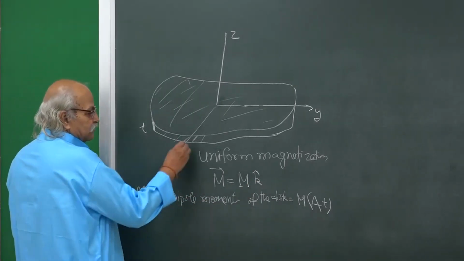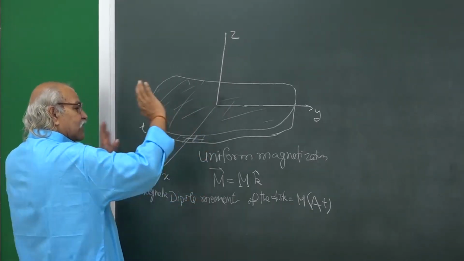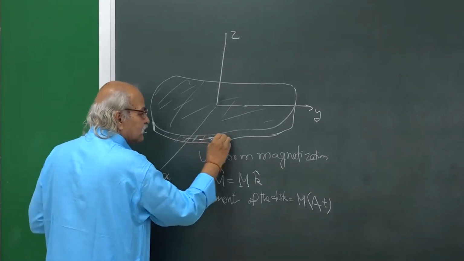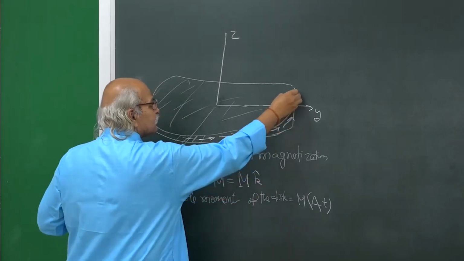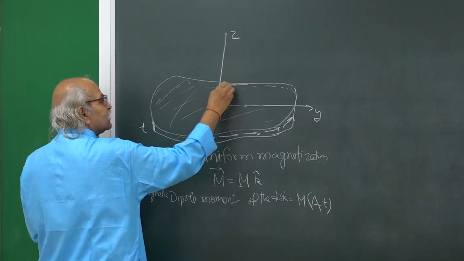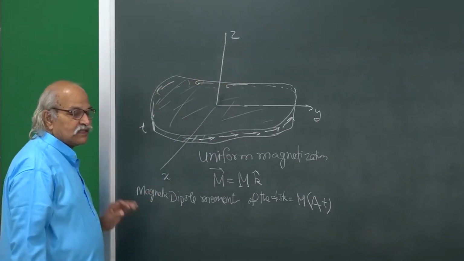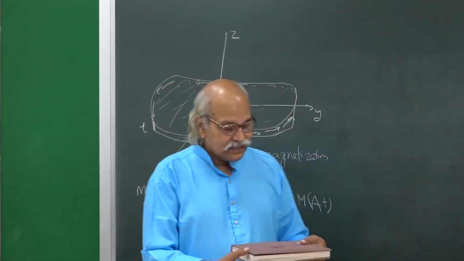Now suppose we pass a current, we forget about magnetization. Suppose we say that along this thickness there is a current. So it becomes a current loop. In our case, I use this diagram.